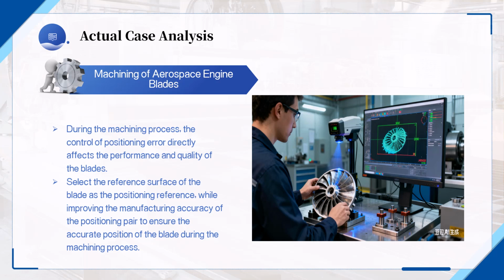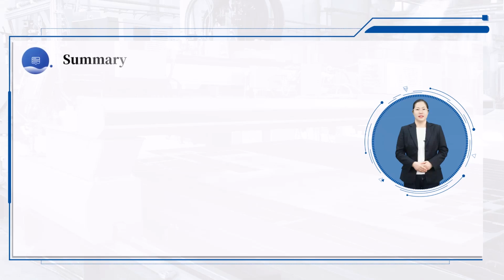By strictly controlling positioning error, the machining accuracy of aerospace engine blades is ensured, thereby improving the performance and reliability of the engine. In this lesson, we focused on the analysis of fixture positioning error in the project.